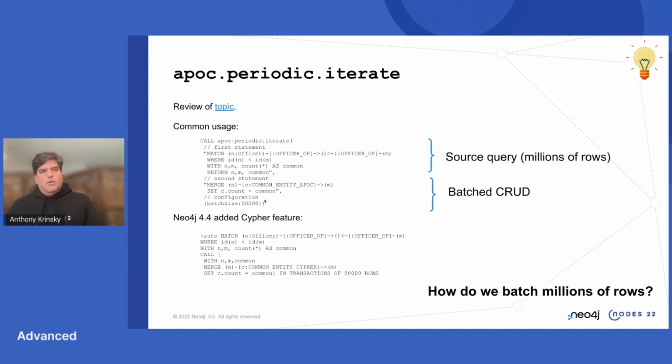In Neo4j 4.4, this functionality was added as a Cypher feature, so you don't need apoc periodic iterate in order to get the same effect. Now, that would be relevant if your server did not support or you weren't able to load Java stored procedures, including APOC.